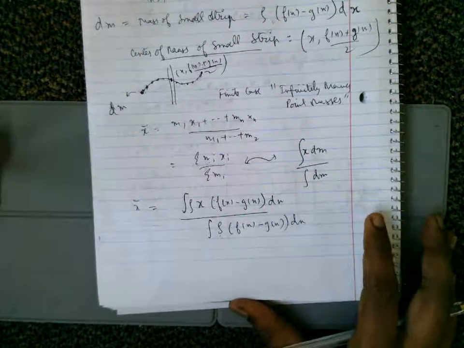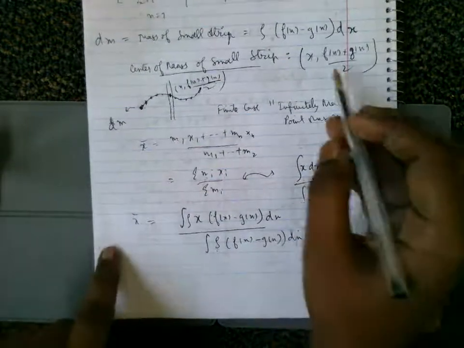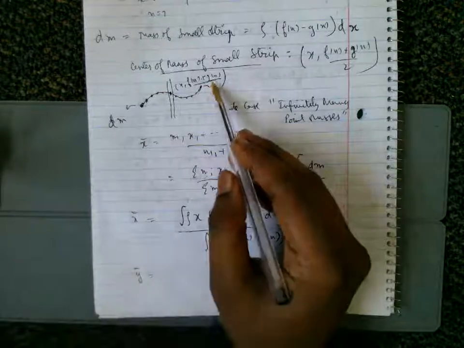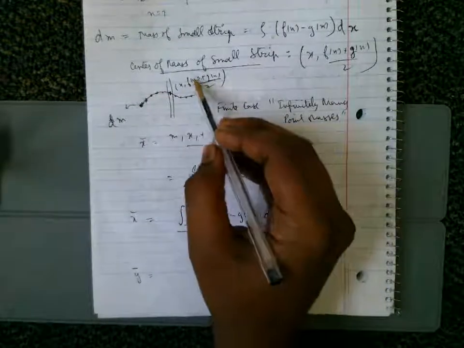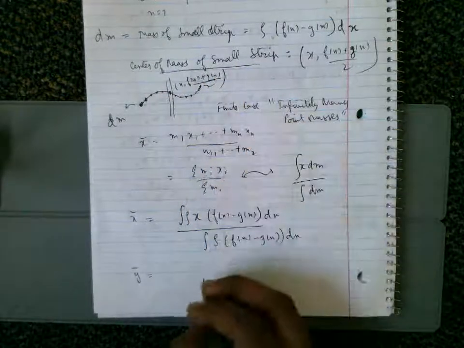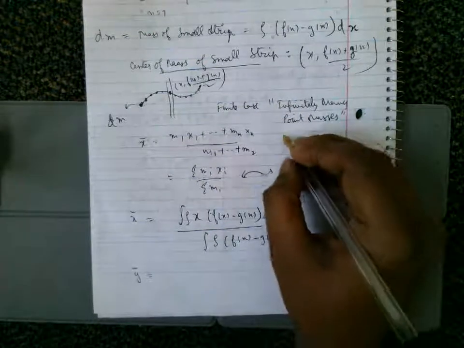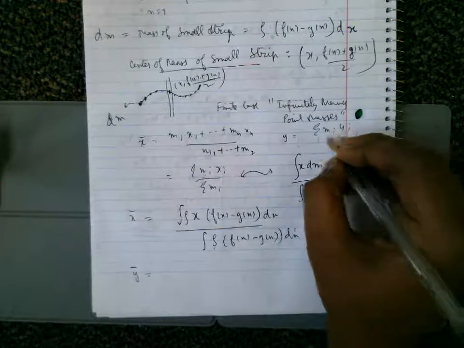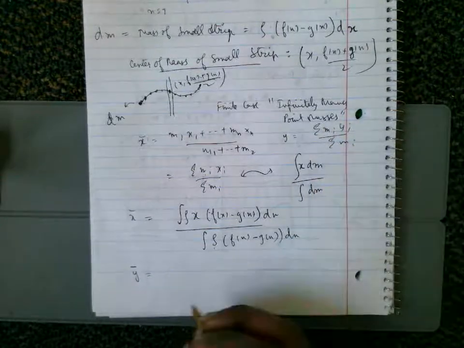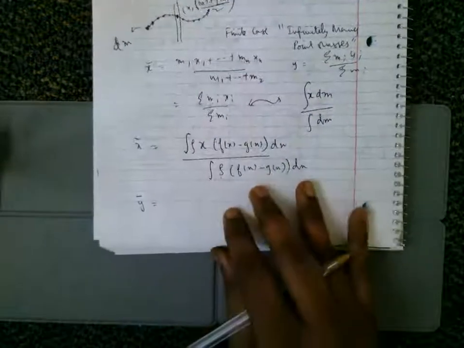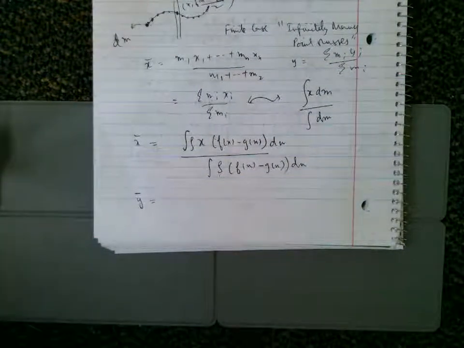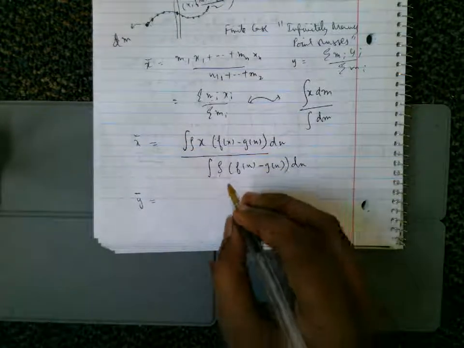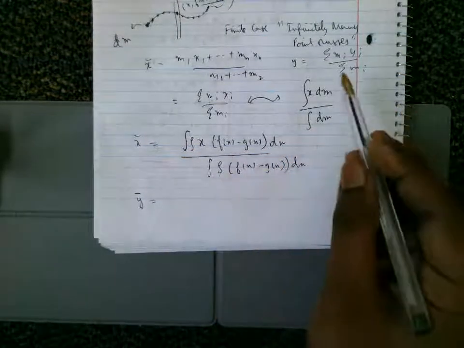And now let's look at the y coordinate. As I said, the y coordinate of each of these point masses is (f of x plus g of x) by 2. And we know from our formula for finite cases, this is summation mi yi by summation mi. So in our case, this can be interchanged with integration.